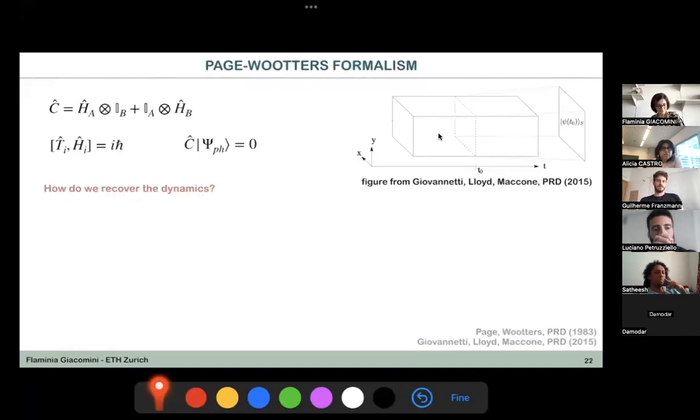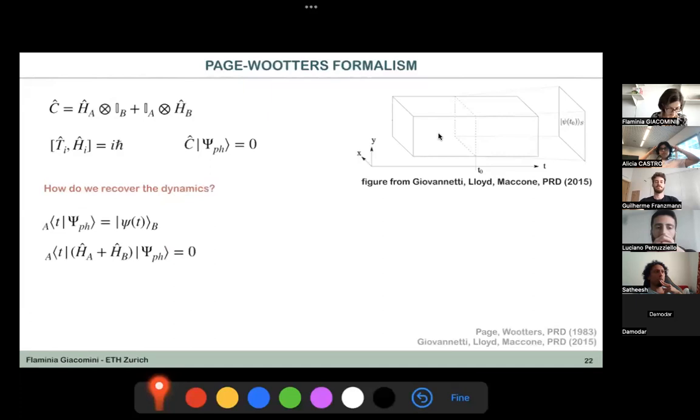However, we can recover some dynamics. In which sense can we recover some dynamics? By conditioning on the state of a clock A at some time.